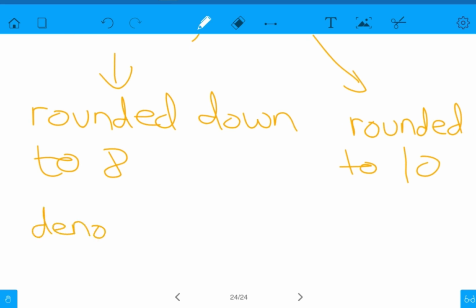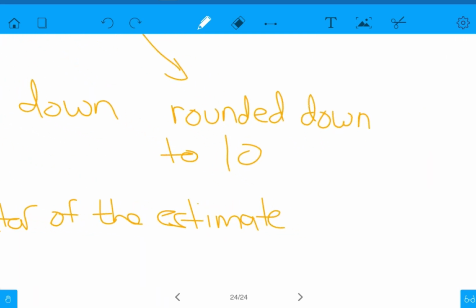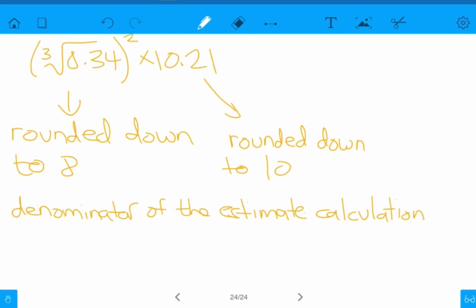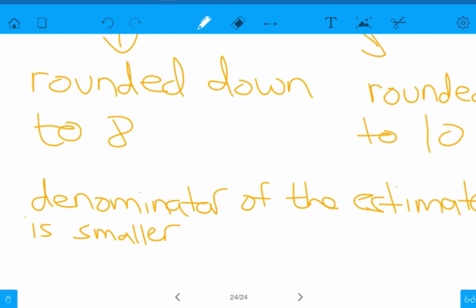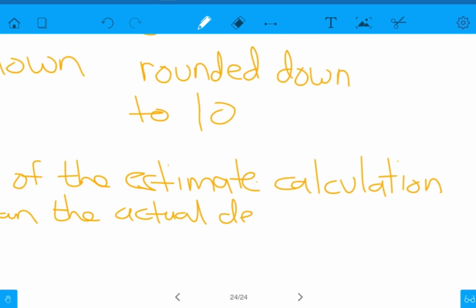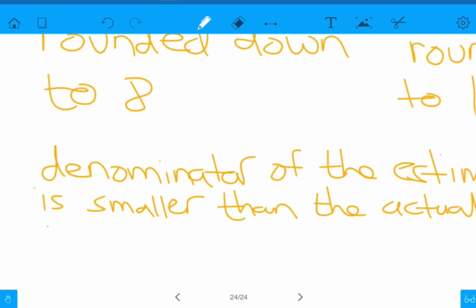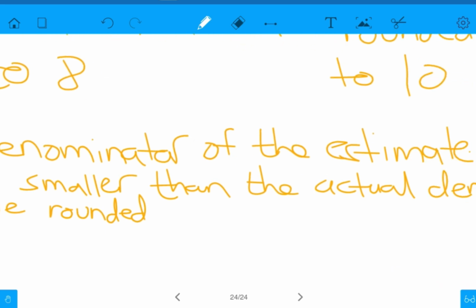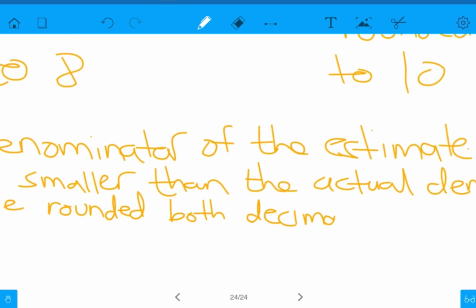So the denominator of the estimate calculation is smaller than the actual denominator, as we rounded both decimals down.